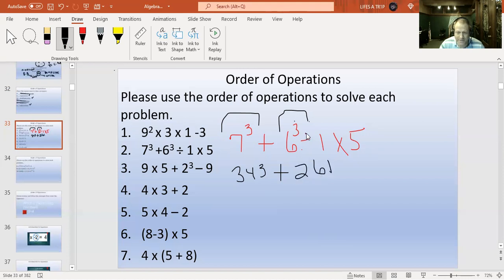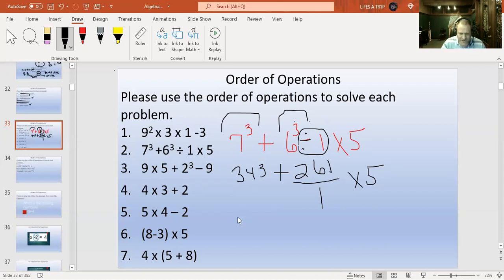Now see this here. This is a little tricky situation right here. I'm going to just put this one under here and get rid of it. 216 divided by 1 is 216, times the 5. Okay, because it can be a little tricky if you don't do that with the division part of it, which may lead you kind of to the wrong answer.